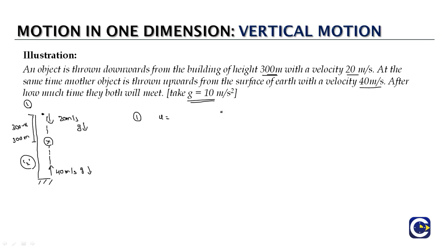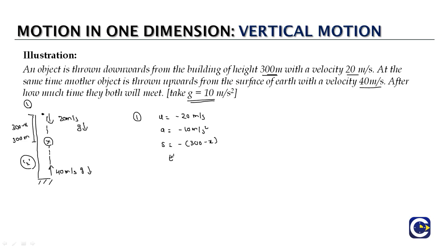Initial velocity is 20 meters per second downwards, so we have to take it as minus 20 meters per second. Acceleration is g downwards, minus 10 meters per second square. And displacement is nothing but the 300 minus x is the distance covered, but it is covered in the downward direction, so it will be minus of 300 minus x.